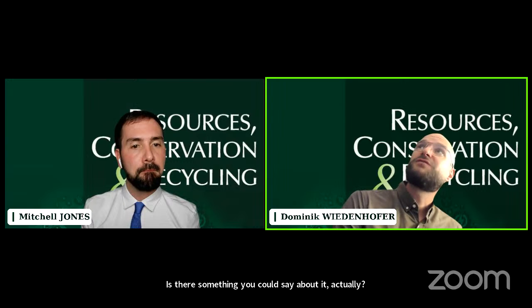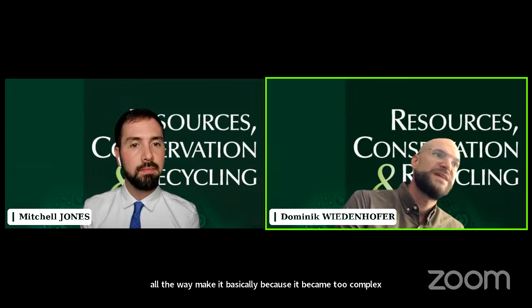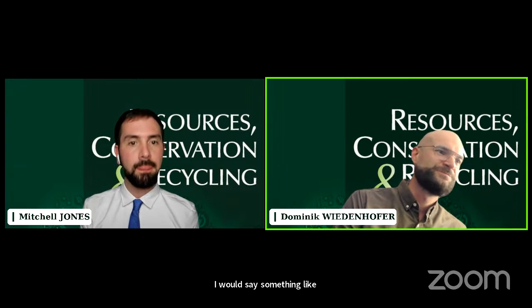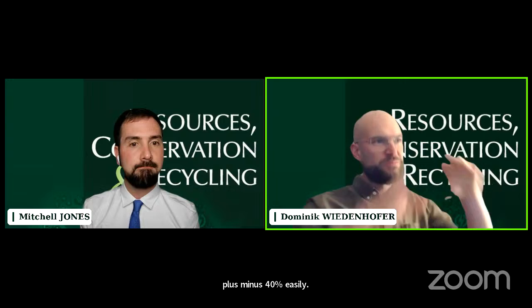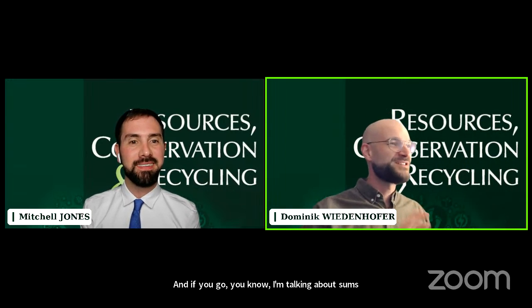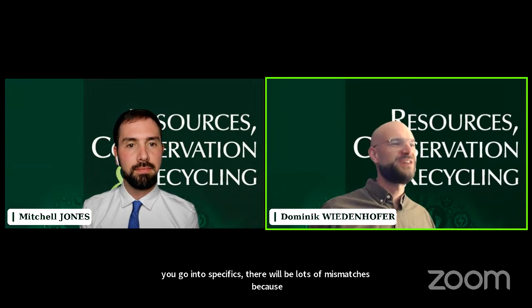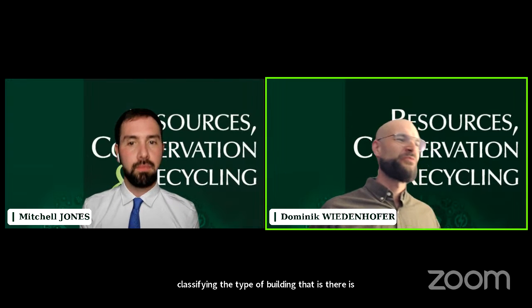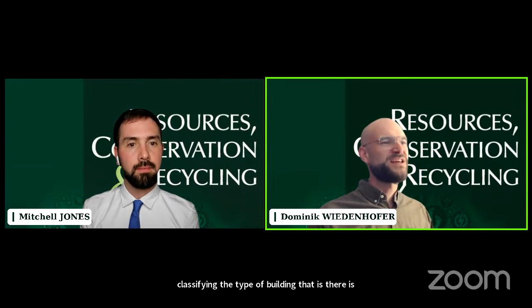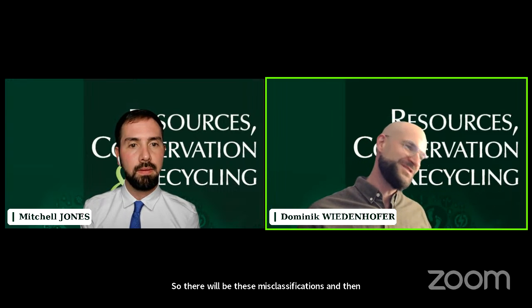Well, we tried for our own mapping. We didn't really make it all the way, because it became too complex. I would say something like plus minus 30% easily. I'm talking about sums of countries now. If you go into specifics, there will be lots of mismatches, because classifying the type of building that is there is really tricky. So there will be misclassifications, and then there is the additional thing that we always like to have, mixed uses.